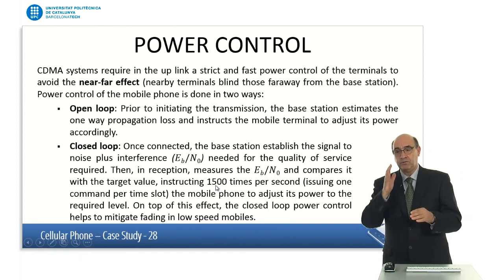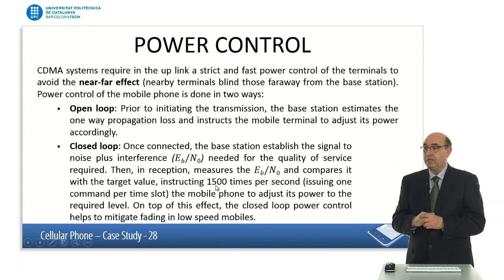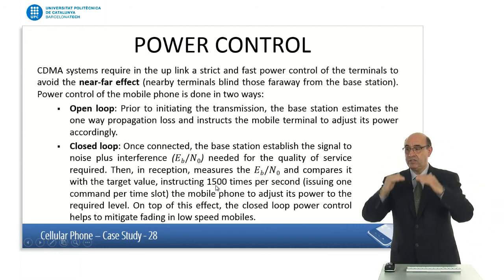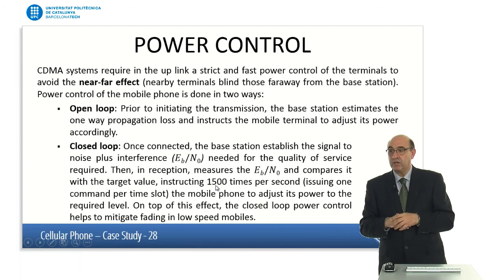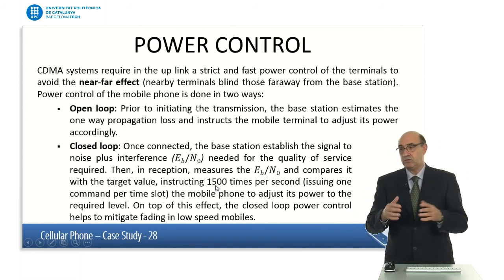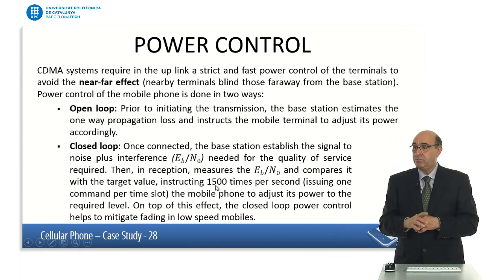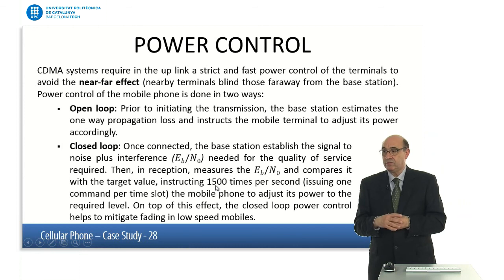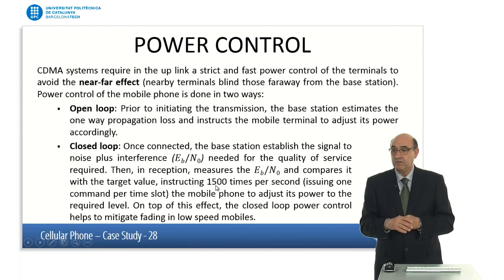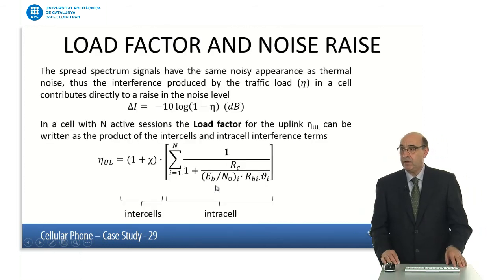So your phone is being controlled very fast, and the power is really changing depending on your environment, other users, how close you are to the base station, buildings, whatever is around you. This power control is quite a strong tool to mitigate fading in mobiles that are not moving very, very fast. So this is an important factor.